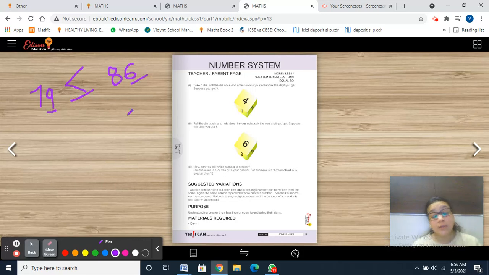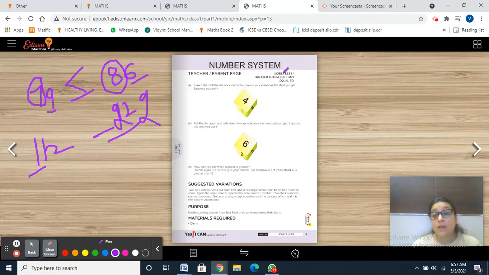Whenever we are doing greater than or less than, we always check the number from the tens place value. When you do hundreds place value, when you write 112 and then you write 120 or 222, you will check the hundreds place value. But now we are doing just till tens, so we will check the tens place value.